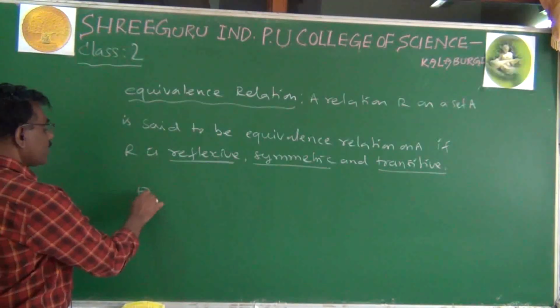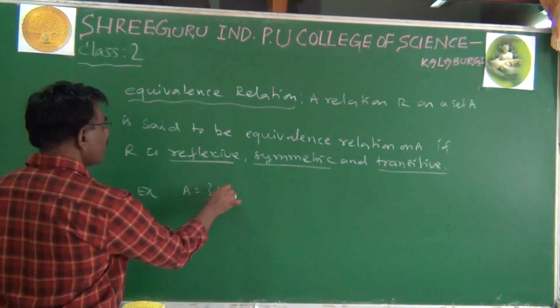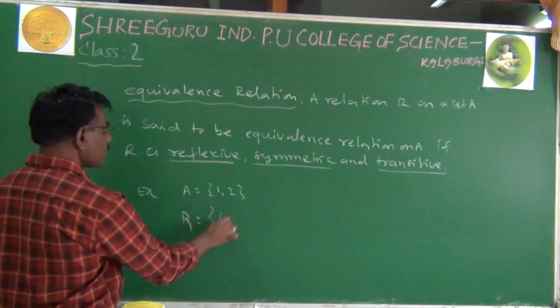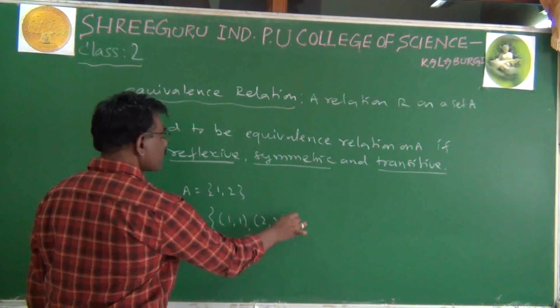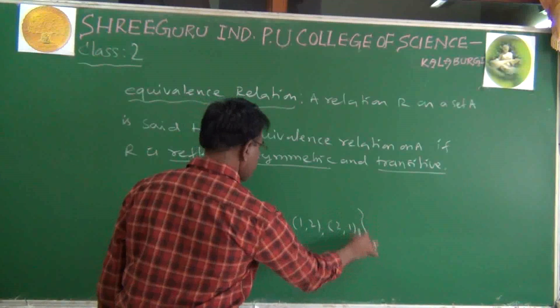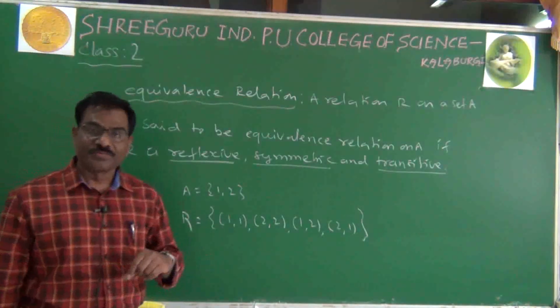For example, A equal to {1, 2}, then relation R equal to {(1, 1), (2, 2), (1, 2), (2, 1)}. You check whether it is an equivalence relation or not.